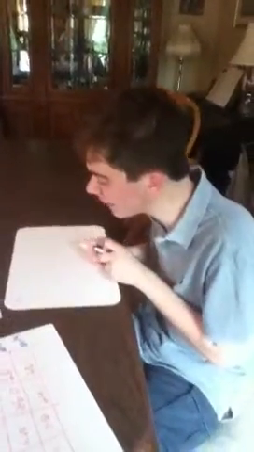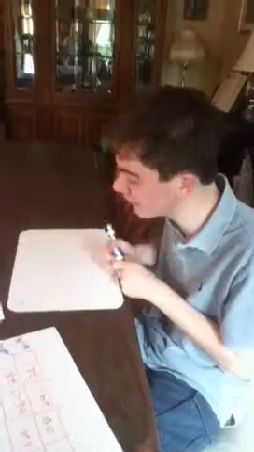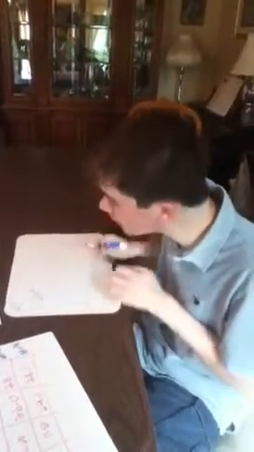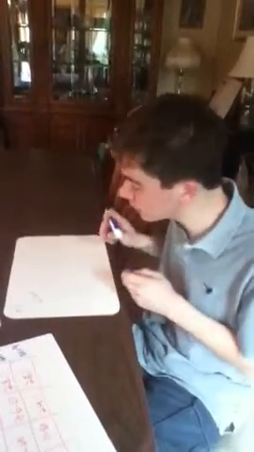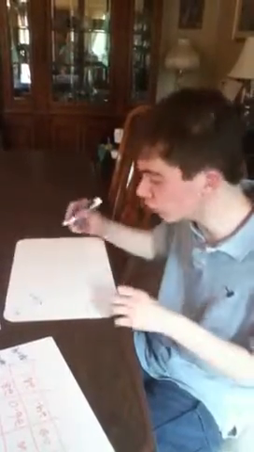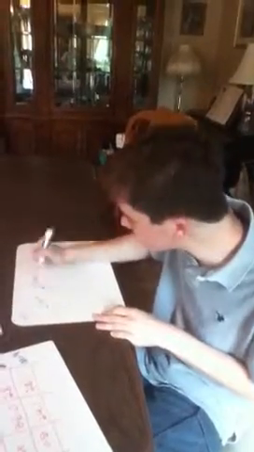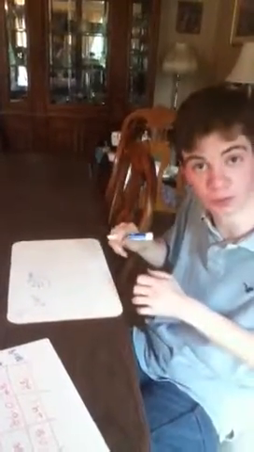And for problem D, we have to determine the student's experimental value of delta H for the reaction between MgO and hydrochloric acid in units of kilojoules per mole. Now this kilojoules per mole is really extremely important.